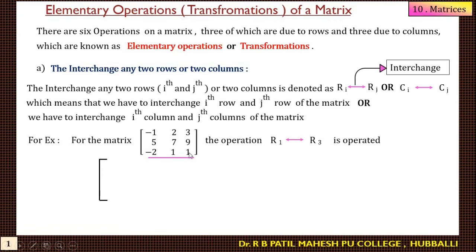All these R3 elements, -2, 1, 1, you have to write now in the first row. The second row we write as it is, 5, 7, 9, and the first row we write in the third row. That means we interchanged the first row and third row elements. So this is the method of operating the interchange of rows.